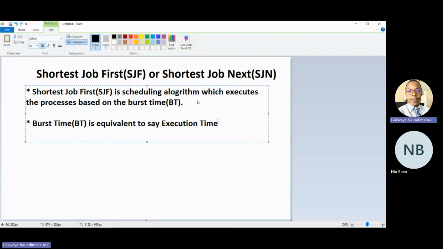If a job comes first, you need to look at the first arrival, then you proceed with the burst time. For example, process one came at, let's say, time 0. Time 0 means it is already in a ready state. So you start by looking at that one, check its burst time, and then compare it to the rest of the burst times. So we look at this in the exercise. Good.